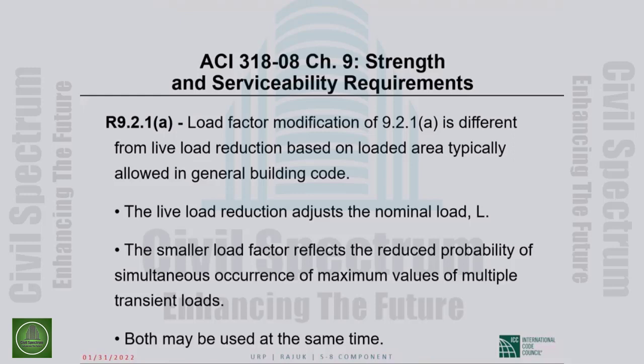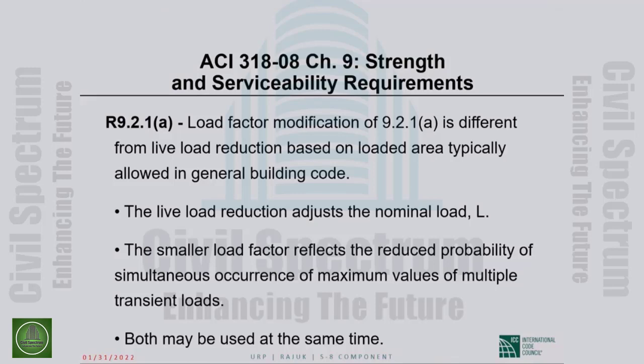So the live load reduction accounts for the fact that if you have a large area, it is extremely unlikely that the entire area shall be subject to the full design live loads. The larger the area you are talking about, the less likely it becomes that the entire area will experience the full design live loads.